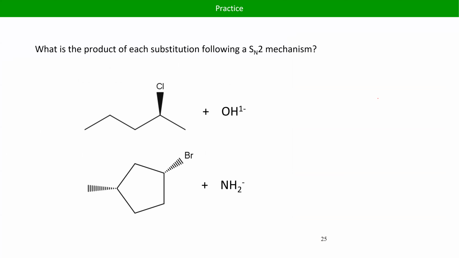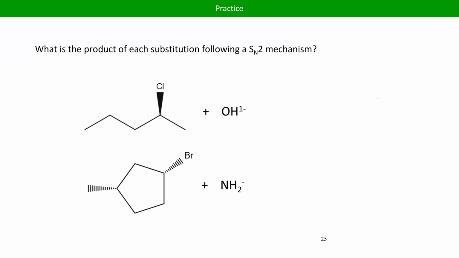All right, so let's try and do this with stereochemistry involved. Okay. If we had this molecule, if the leaving group is sticking out towards us, where is the hydroxide gonna approach? Away from us. From the backside, right?